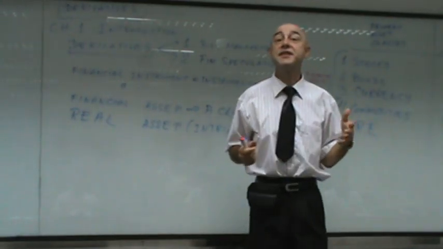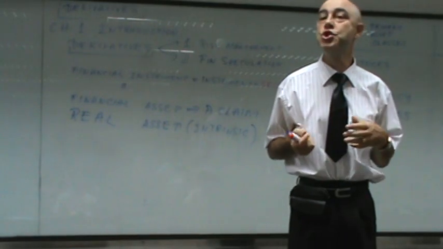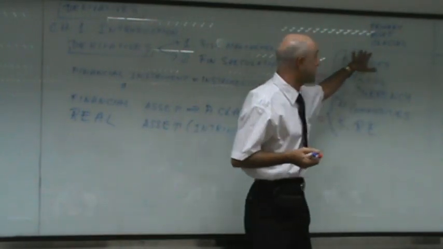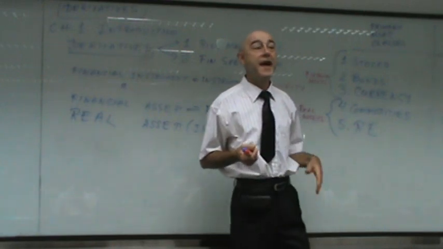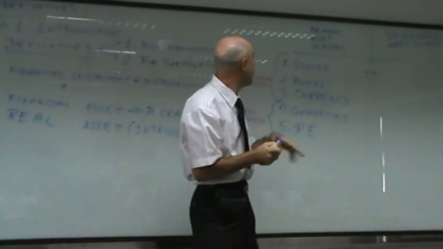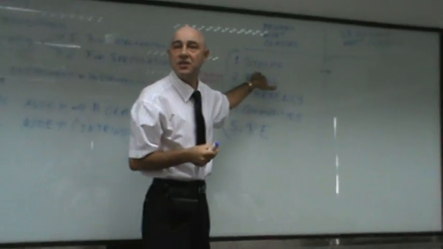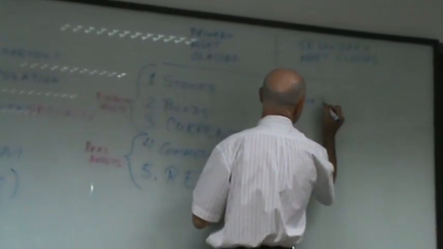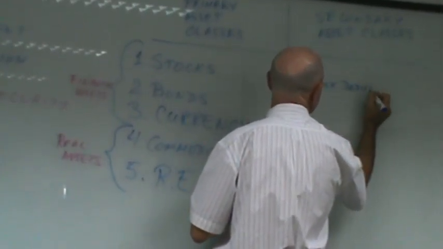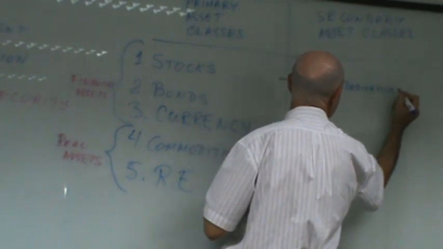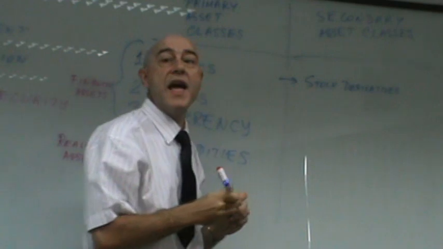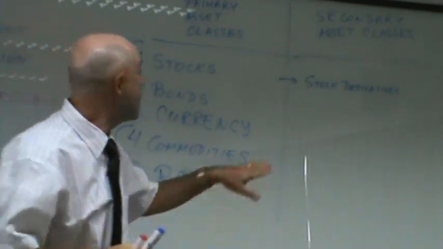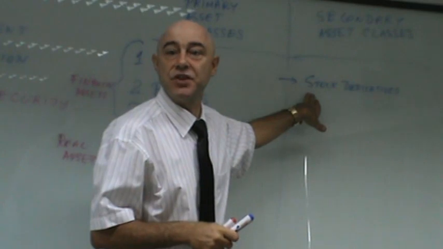Now I move on here. The secondary asset classes are usually derivatives of the primary. For stocks, I'll put in a little arrow here. We call the derivative of stocks stock derivatives, and possibly stock index derivatives.